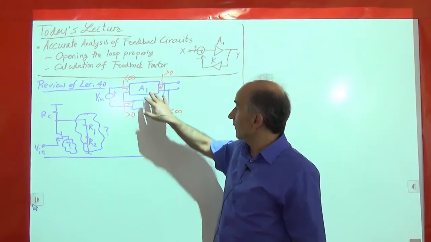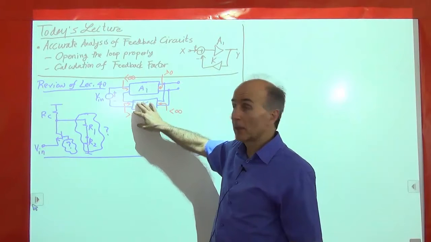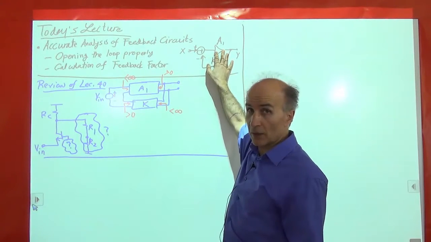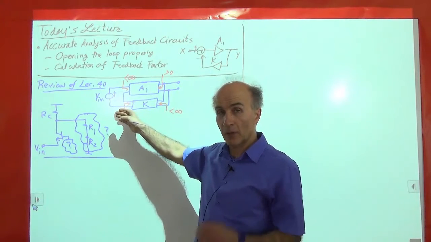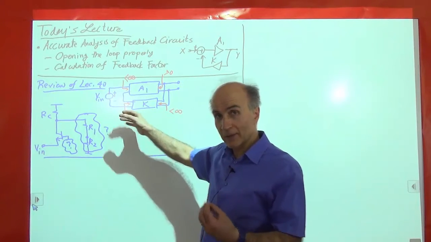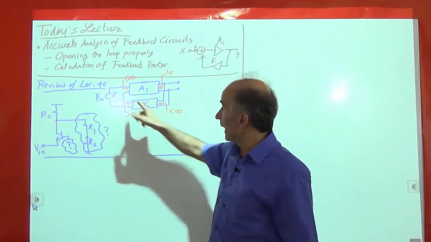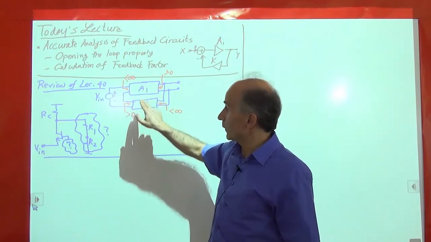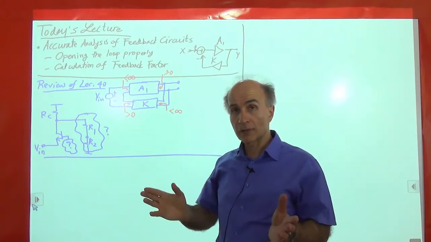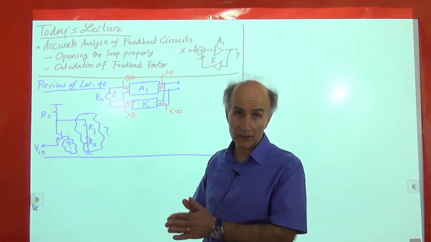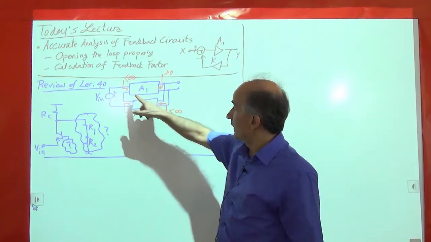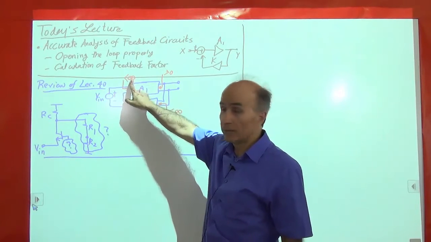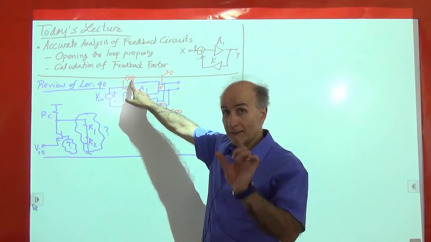We saw that if I have a feedback system like the generic situation, in this case, voltage. The problem is really that the output and input impedances of this network and this network are not what they should be in the ideal case, right? In the ideal case, we expect the input impedance of A1 to be infinity because it wants to sense the voltage.